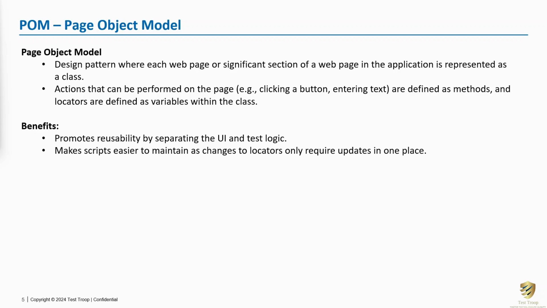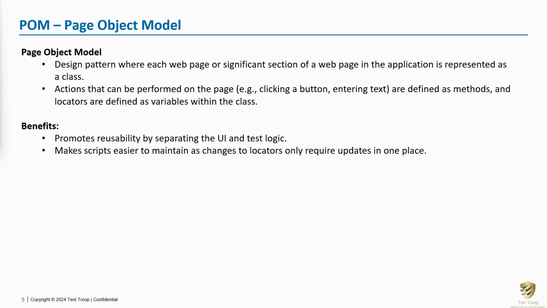The actions that can be performed on a page, like clicking a button or entering text, are identified as methods, and the locators are defined as variables within a class. As I explained, the locators are stored as variables, and we write functions, called methods, that use the locator to operate on a web element in a web page.